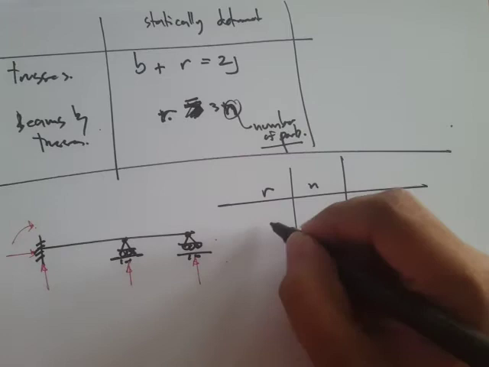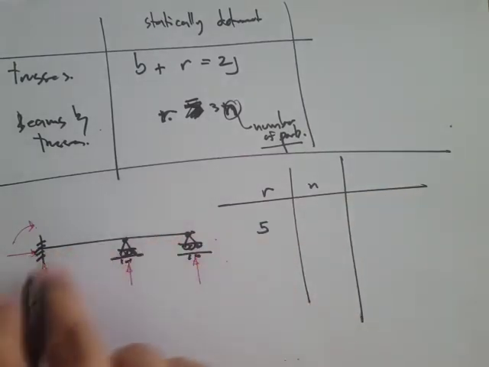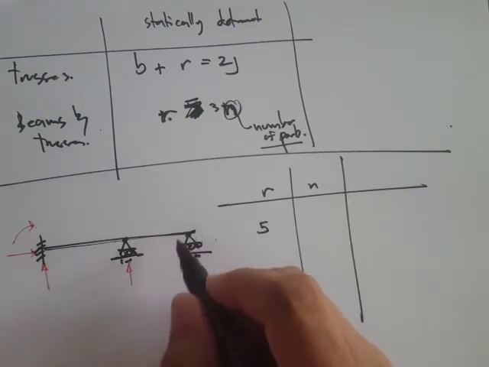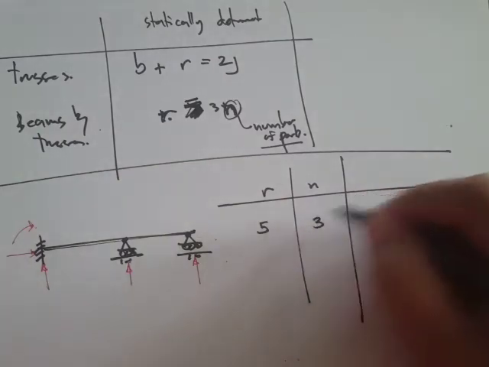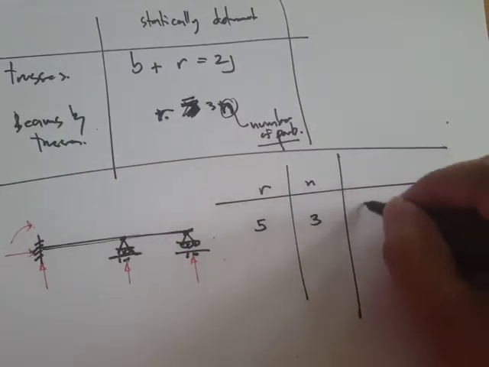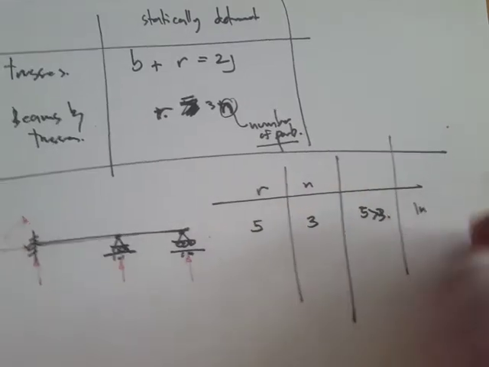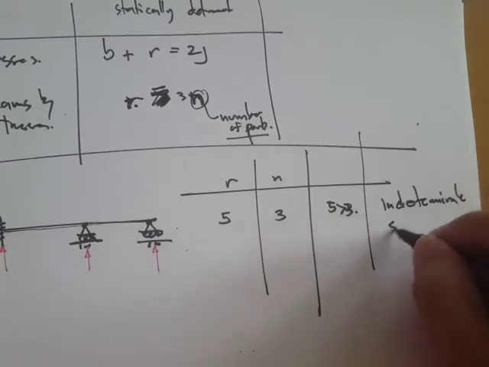So the number of reactions is 5, and we have one member. So this is one straight member, so that's gonna be times 3n, so that's 3. So meaning that 5 is greater than 3. So meaning that's indeterminate. Okay, indeterminate to the second degree.